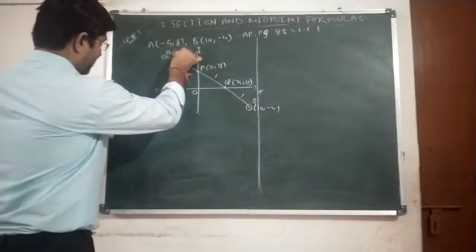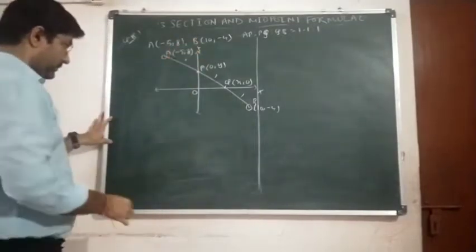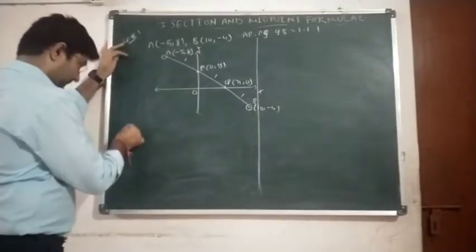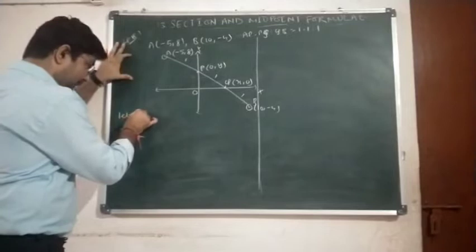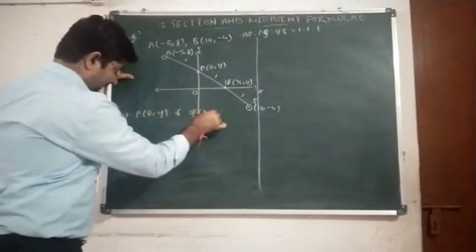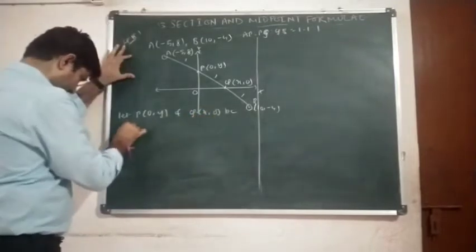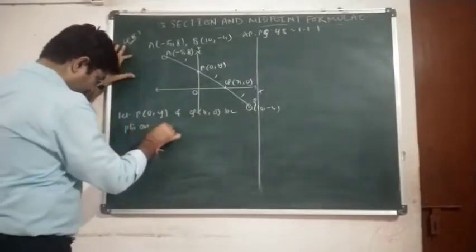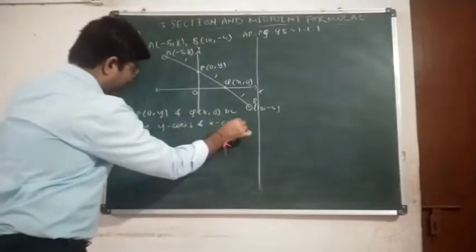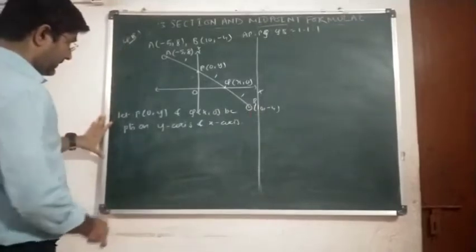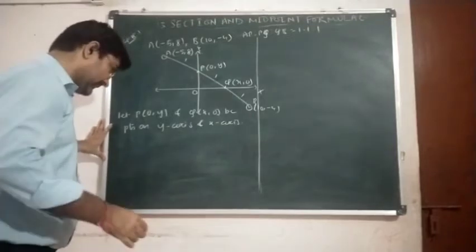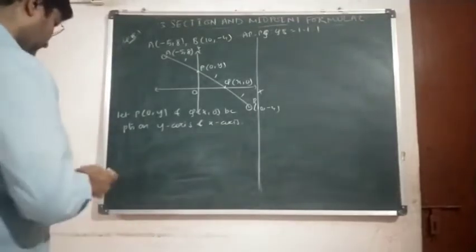Coordinates of A are (minus 5, 8). Let P (0, y) and Q (x, 0) be points on the y axis and x axis respectively. Now we will find the ratio AP is to PB first.